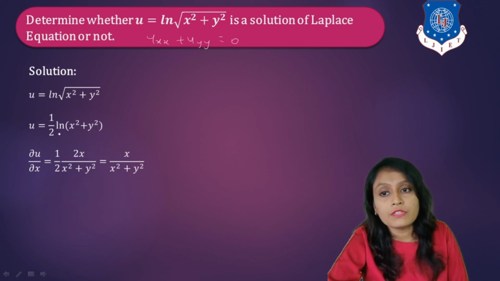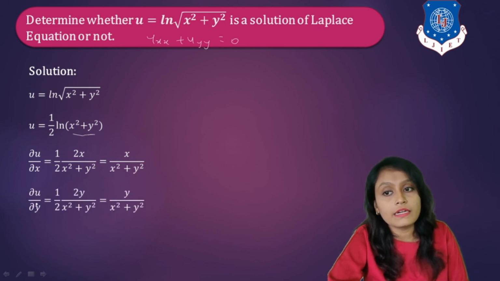Now derivative of ln of x square plus y square is what? 1 upon x square plus y square into derivative of this term, that is x square plus y square. Again here we have to take derivative with respect to x. So here we have only 2x. The derivative of y square is 0.